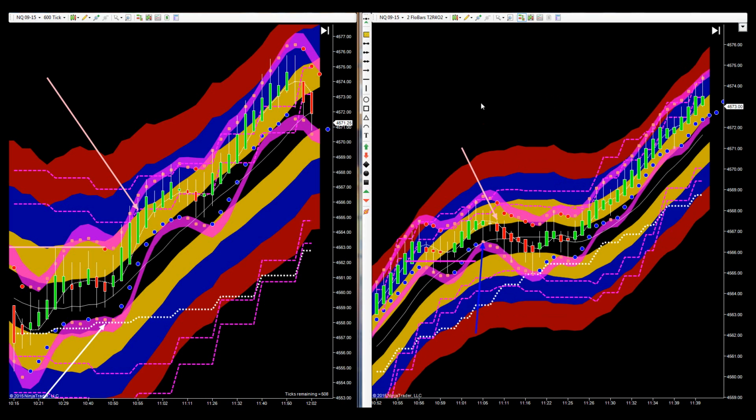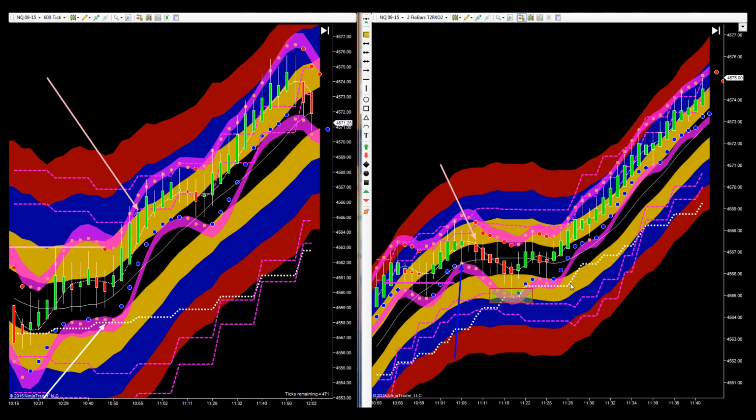And if he wasn't in a long, he may have taken a short, but it didn't go very far if he did, knowing that there was an energy mid right here for what we call in the Masters of the Universe course a power mid setup. He doesn't know that, so he would have just exited his position.